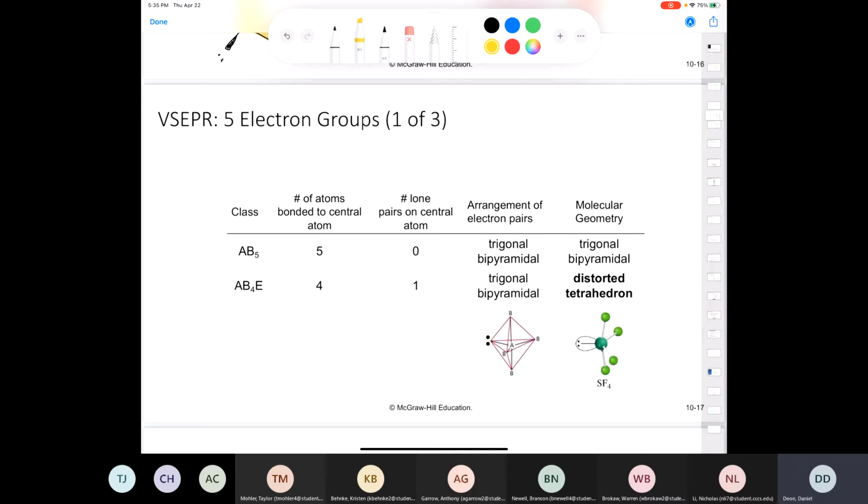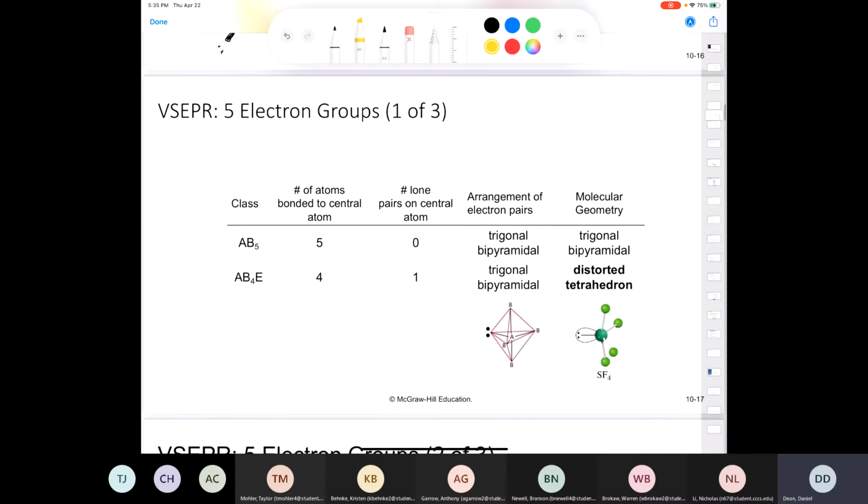The trigonal bipyramid. I started out with the trigonal bipyramid with you. I had a model of a trigonal bipyramid. I still have it here. I'll have to use it in a second. But what if we remove one of the atoms in the trigonal bipyramid?